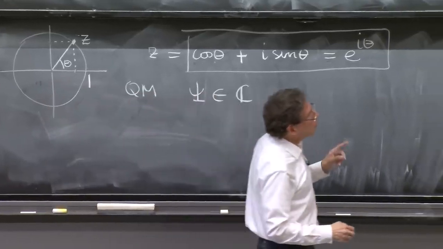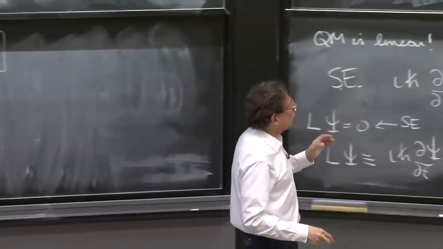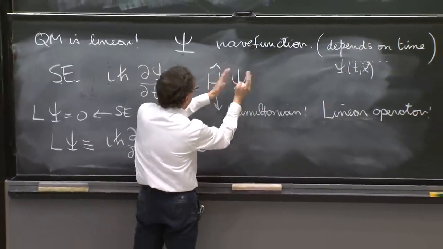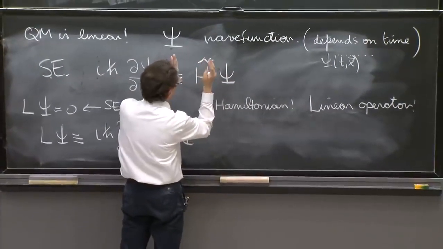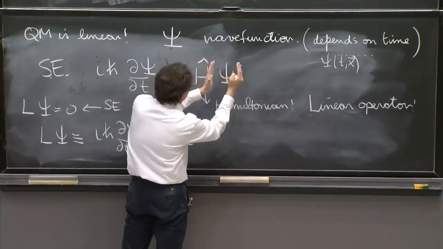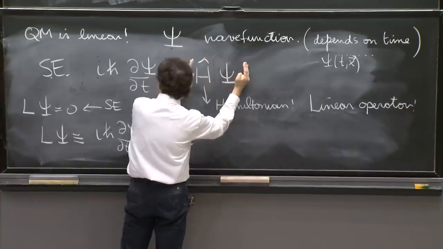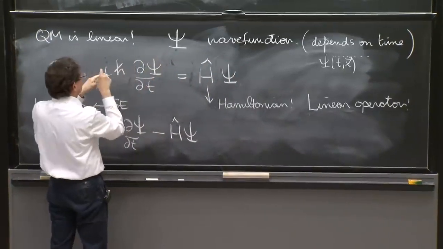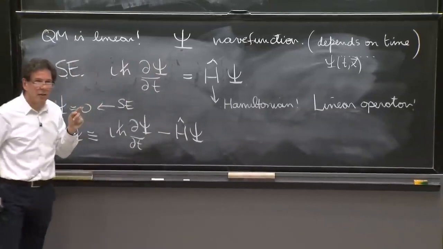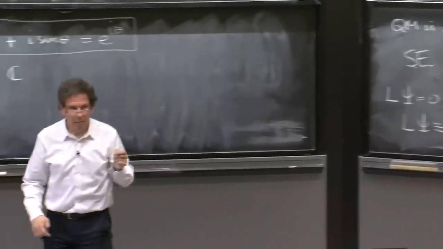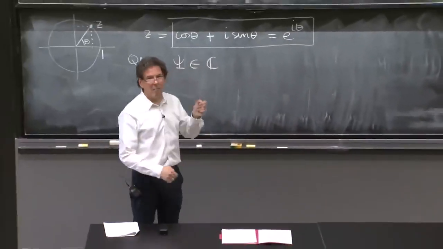In fact, if it were real, you would have a contradiction, because if psi is real, it turns out for all physical systems we're interested in, H on psi real gives you a real thing, and here, if psi is real, the derivative is real, and this is imaginary, and you have a contradiction. So there are no solutions that are real. So you need complex numbers.